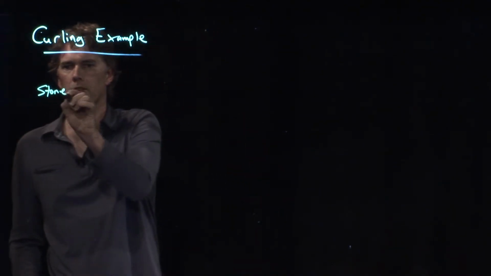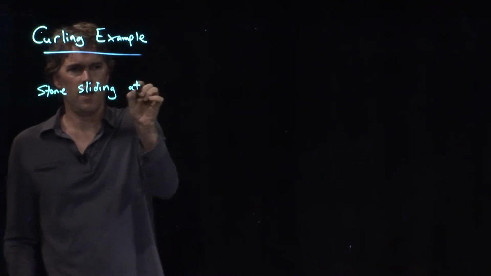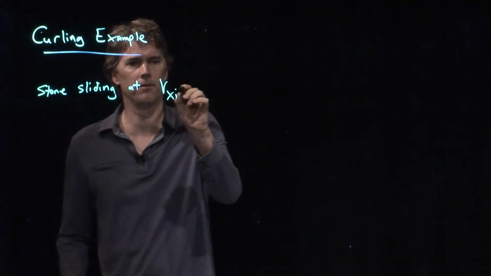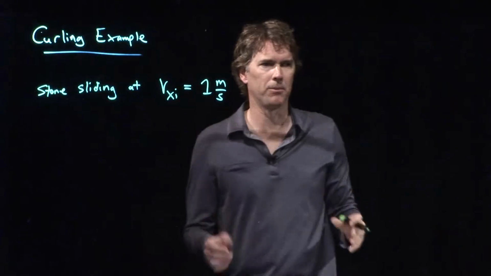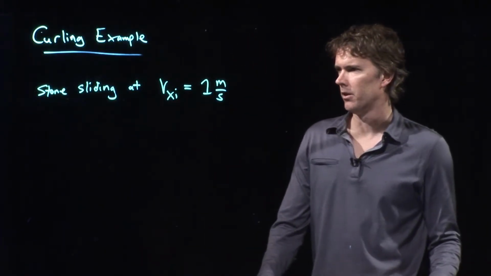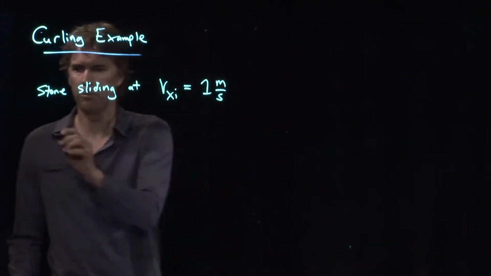Let's say that it is going to slide along at, I don't know, 1 meter per second. Okay? Something like that. That might be even a little fast for one of those curling stones. But let's take that as our number.